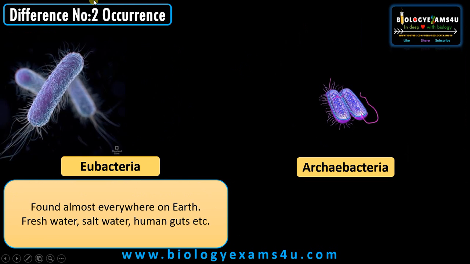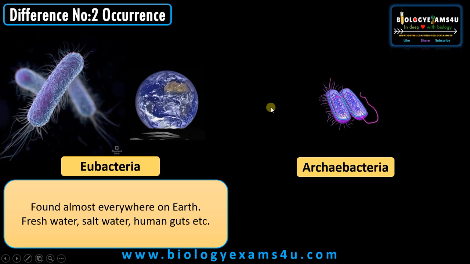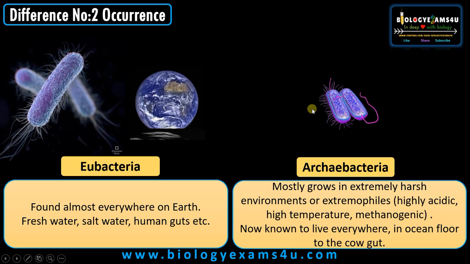Difference number 2 is regarding the occurrence. Eubacteria are found almost everywhere on earth: in freshwater, saltwater, human guts, as parasites, as saprophytes, and in different modes of life. Whereas Archaebacteria mostly grow in extremely harsh environments, therefore also called extremophiles: in highly acidic conditions, high temperature, high salinity, and some are methanogenic in muds and marshes.